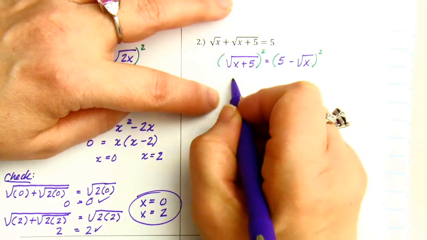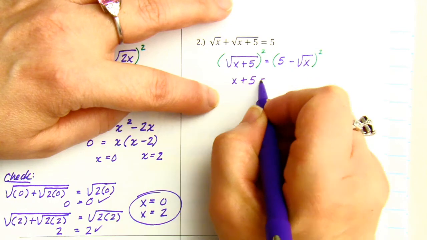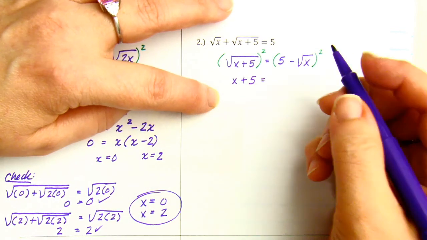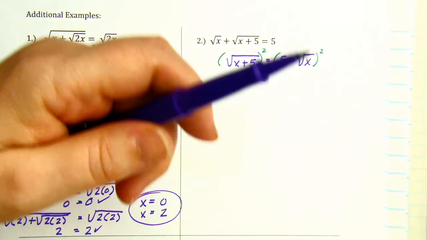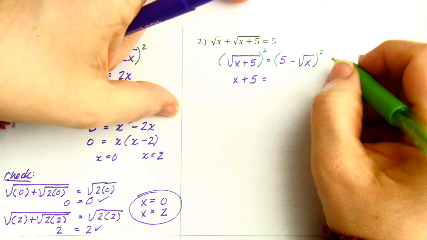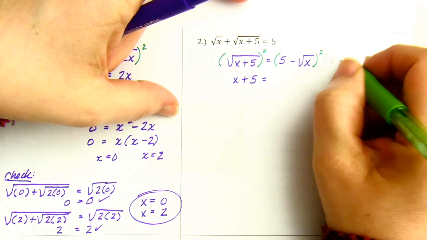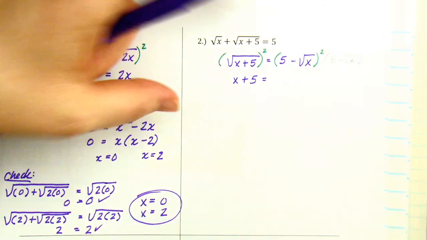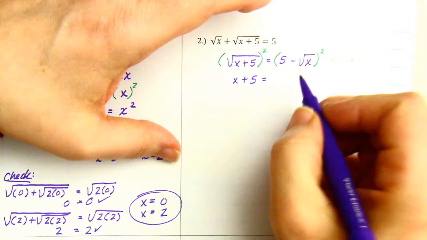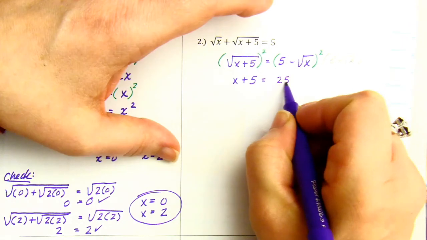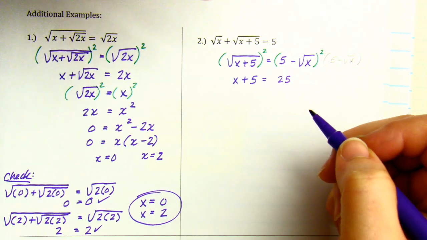X plus 5 on the left equals, write this out as a FOIL if you want to, if it's easier for you. Okay, you can write it like that. 5 times 5 is 25. Right, I'm multiplying these two.